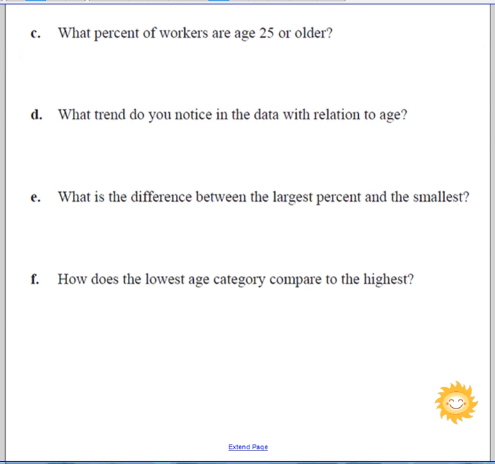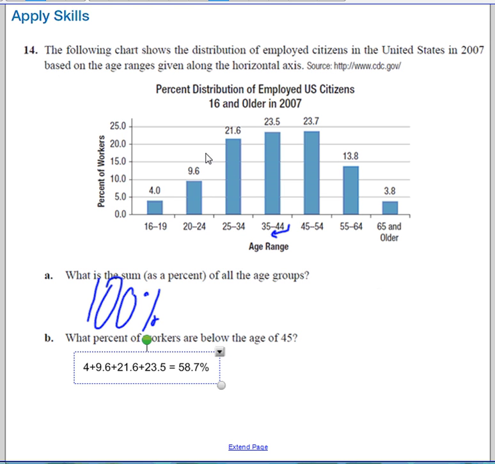And what percent of workers are age 25 and older? Well, there's a couple different ways you can do that. Notice 25 and older are most of the categories, and so there's only 2 categories that aren't. The ones that are below that would be 4 plus 9.6 or 13.6.